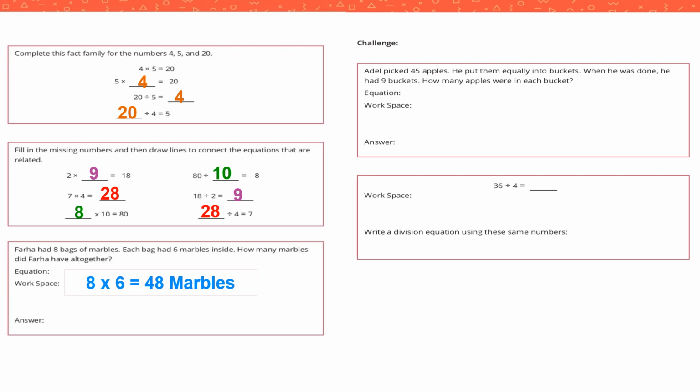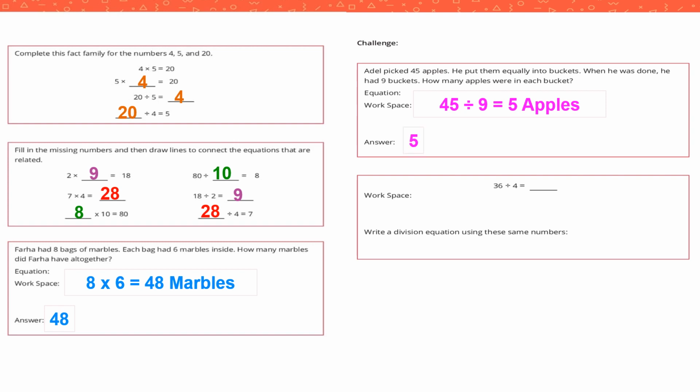Okay, how many apples were in each bucket? I will divide, sure. 45 divided by 9, from table 9, equals 5 apples. So the answer is 5.